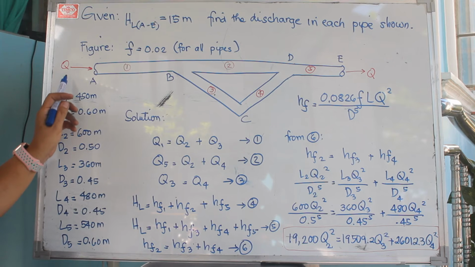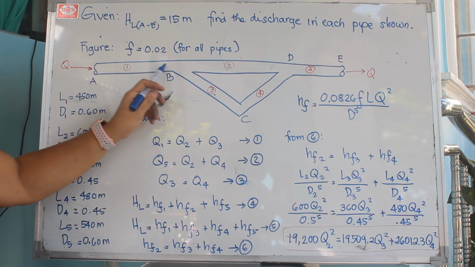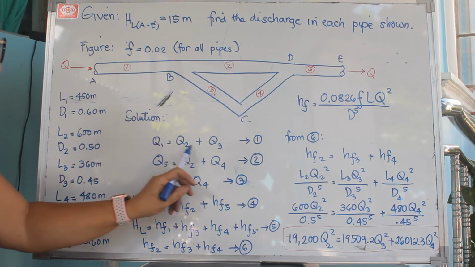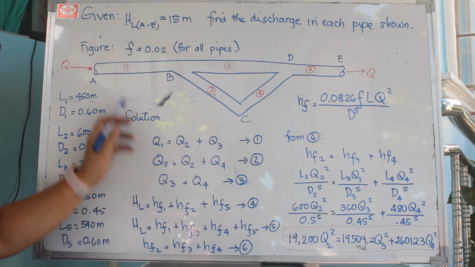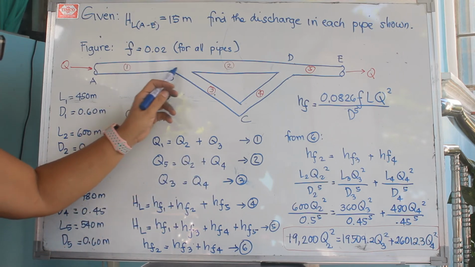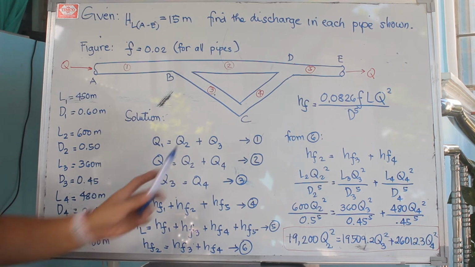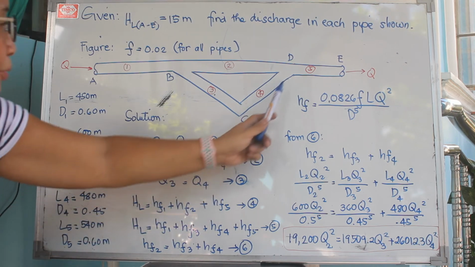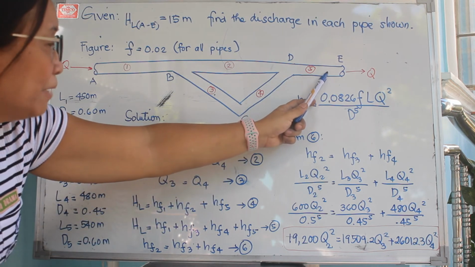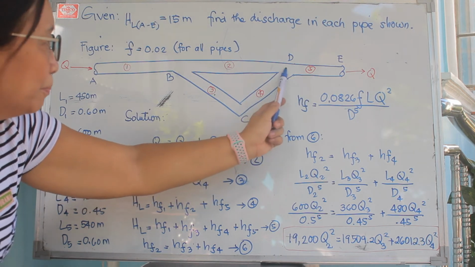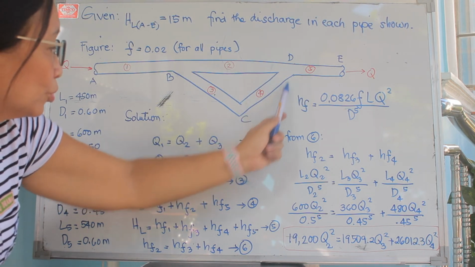So, alam natin that Q1 ay nagkaroon ng division na flow at pipes 2 and 3. So, Q2 plus Q3. Yung pumasok na discharge sa pipe 1, nahati sa dalawang pipes 2 and 3. Tapos, yung discharge sa pipe 5 ay nanggaling sa nag-merge na discharge sa pipe 4 tsaka sa pipe 2. So, nag-merge yun.